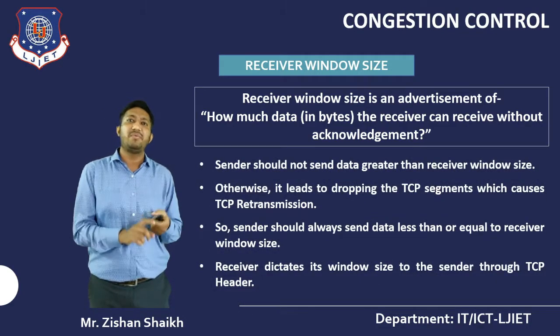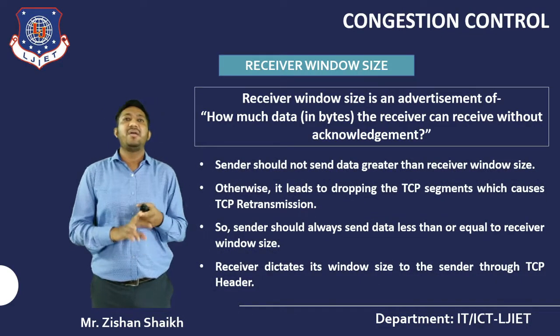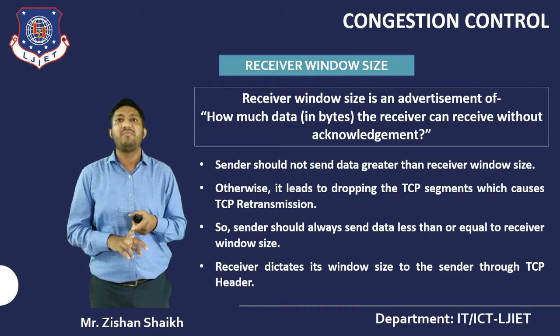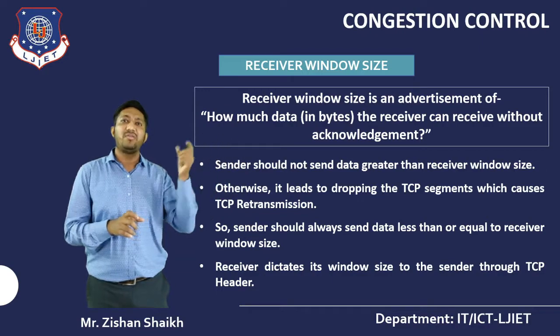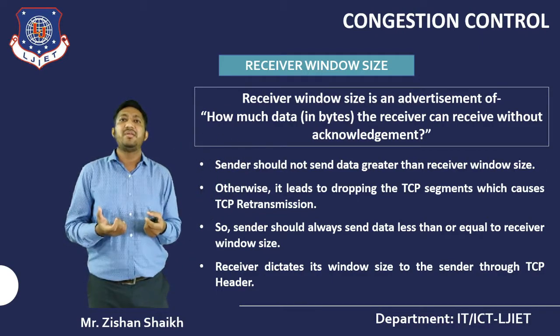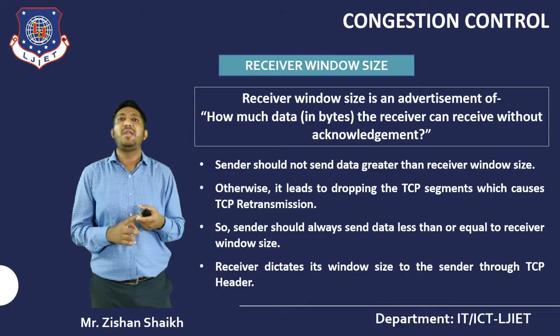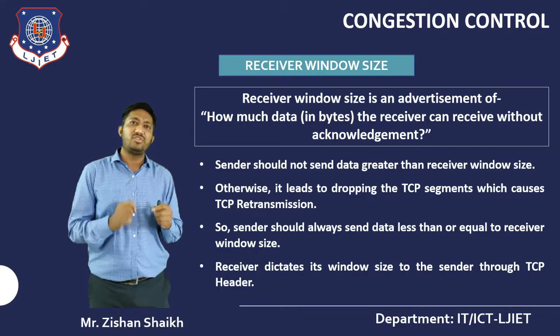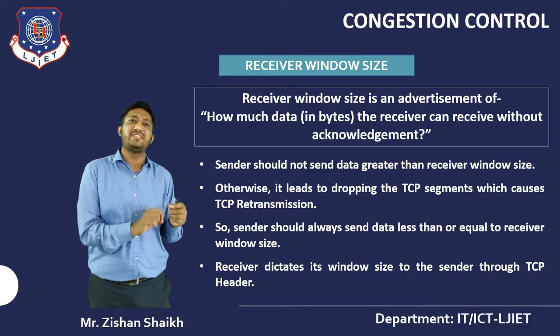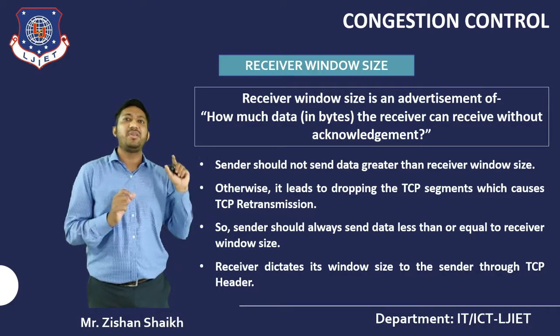So the sender should not send data greater than the receiver window size. The sender must send the data according to that window size. Otherwise, those packets will be lost and TCP has to retransmit them. So the sender should always send data less than or equal to the receiver window size.